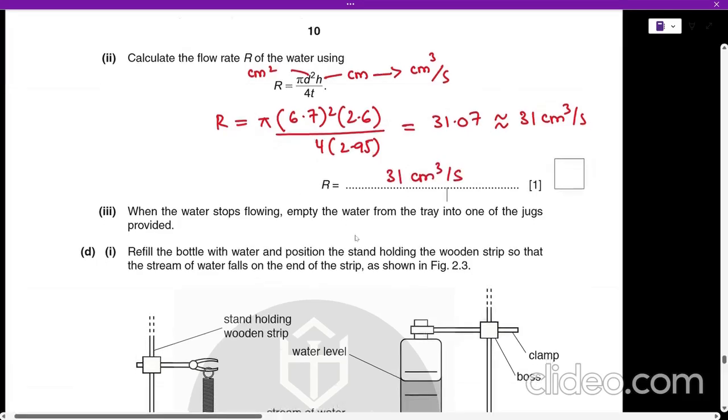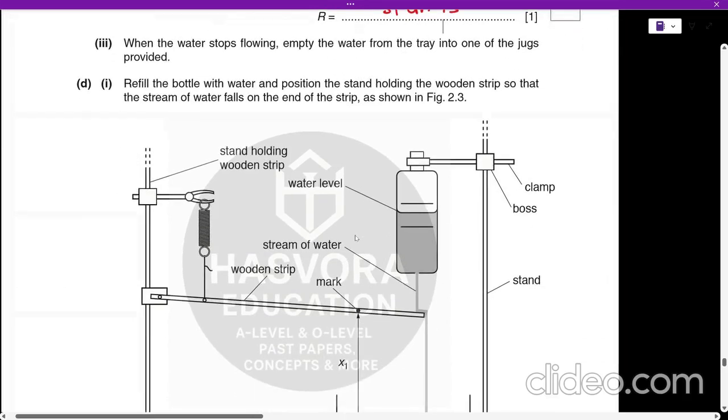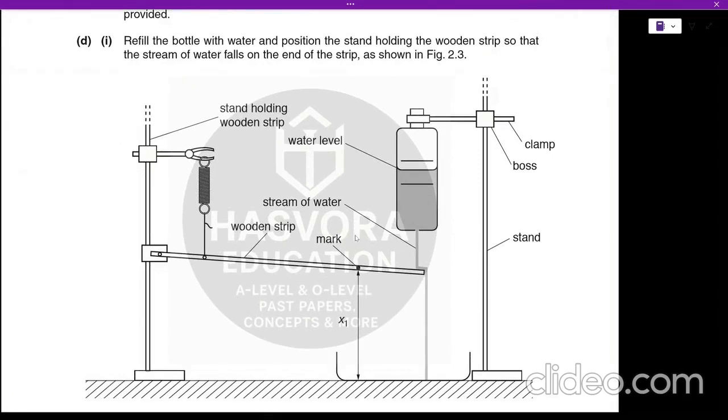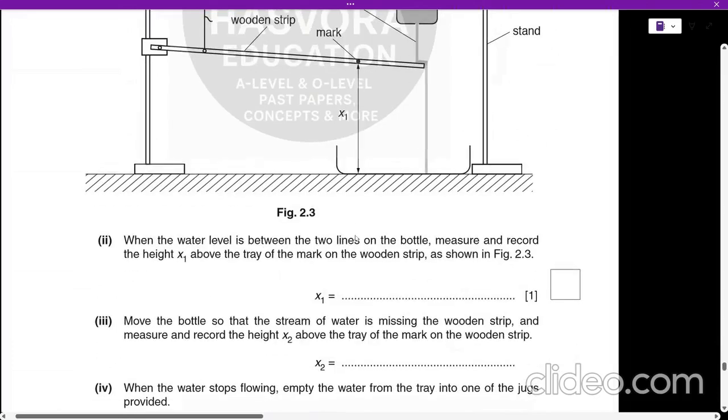So when the water stops flowing, empty the water from the tray into one of the jugs provided. Then we are going to be refilling the bottle with the water and positioning the stand holding the water with the wooden strip so the stream of the water falls on the end of the strip as shown in figure 2.3. So we are going to be holding the water bottle from the place of its cap, and just like that the stream of the water touches the end of the wooden strip.